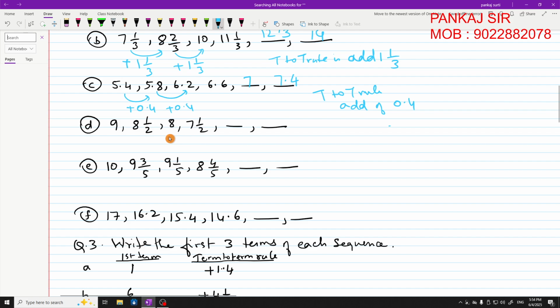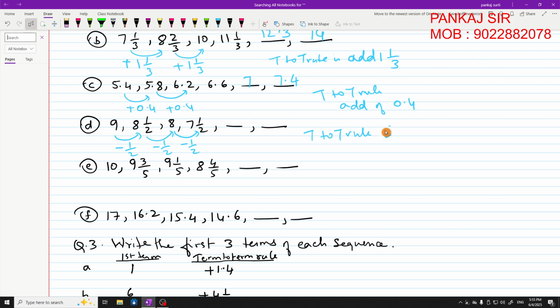Now it is 9. From 9, if I subtract half, if I minus half, I'll get 8 and a half. From 8 and a half, if I again subtract half, I'll get 8. From 8, if I again subtract half, I'll get 7 and a half. So I can see that this constant minus half is nothing but my term to term rule.